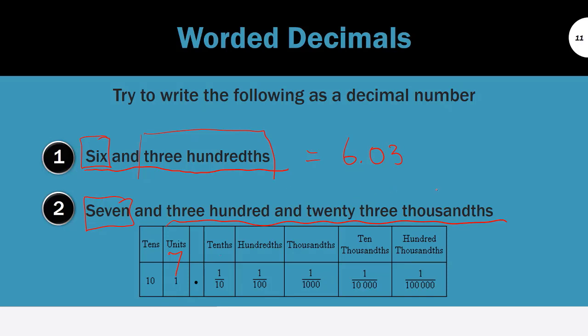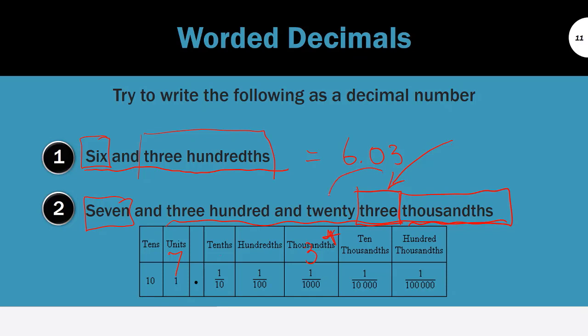Now we have 323 thousandths. So let's firstly see what place value it ends on, which is thousandths. So we need to find that on our place value chart here. The last digit that it refers to is the 3, and the 3 is the one that's going to go into that thousandths column.